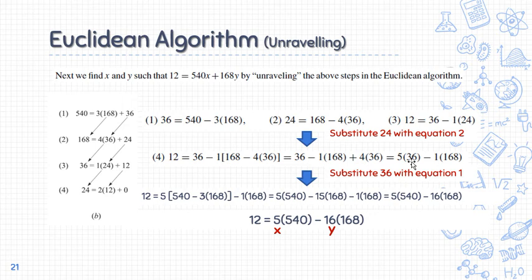Ato lang i-substitute ang ato ang 36 sa kanang value. So, nahimo na dayon siya og ani, wherein 5 times 540 minus 3 times 168. So instead nga 36, atong ibutang diri is kani. Tapos minus 1 times 168. And then we multiply that hangtod sa makuha na dayon ni nato.